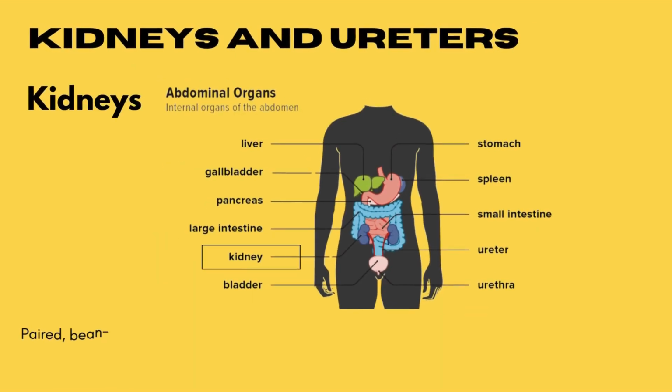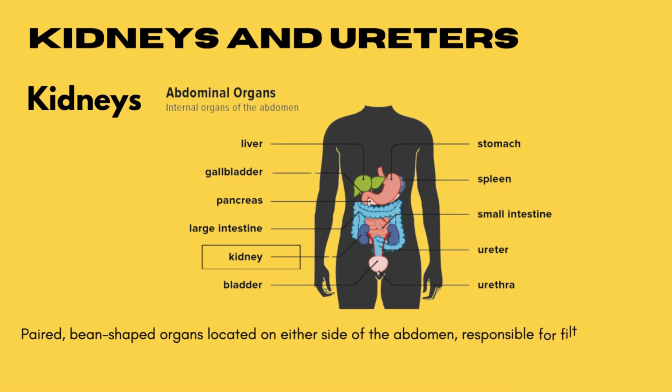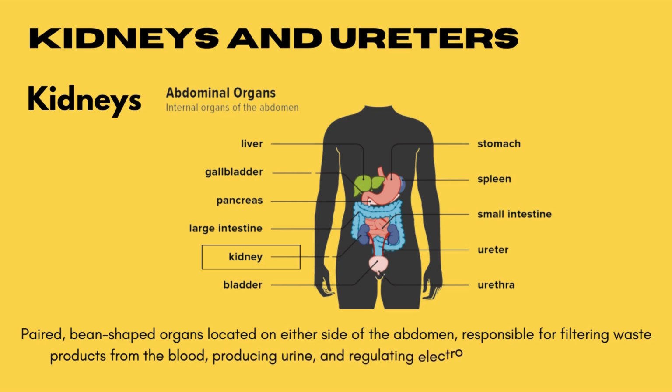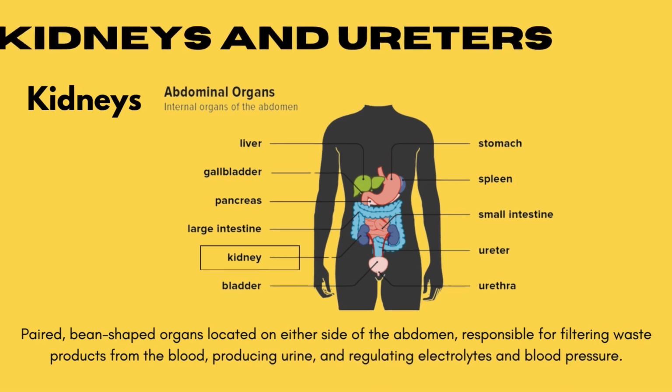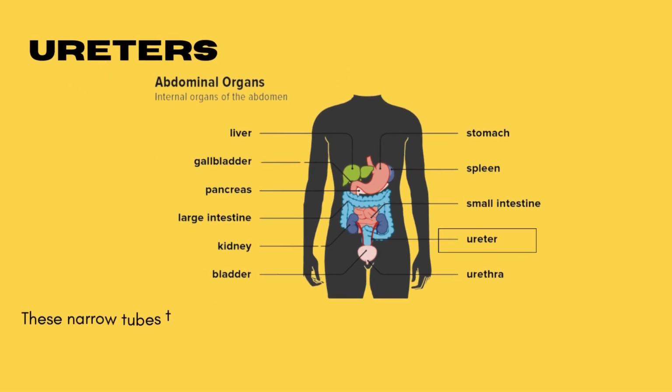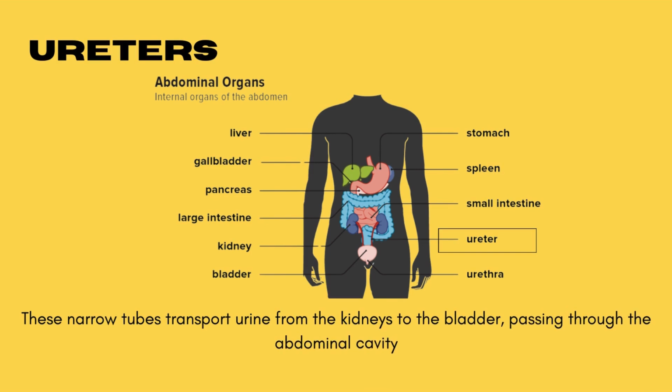Kidneys and ureters. Kidneys. Paired, bean-shaped organs located on either side of the abdomen, responsible for filtering waste product from the blood, producing urine, and regulating electrolytes and blood pressure. Ureters. These narrow tubes transport urine from the kidneys to the bladder, passing through the abdominal cavity.